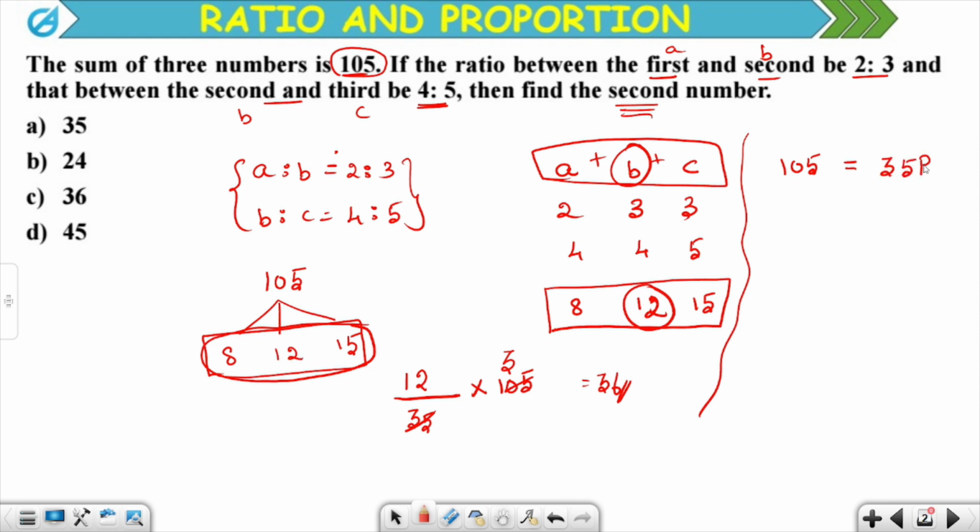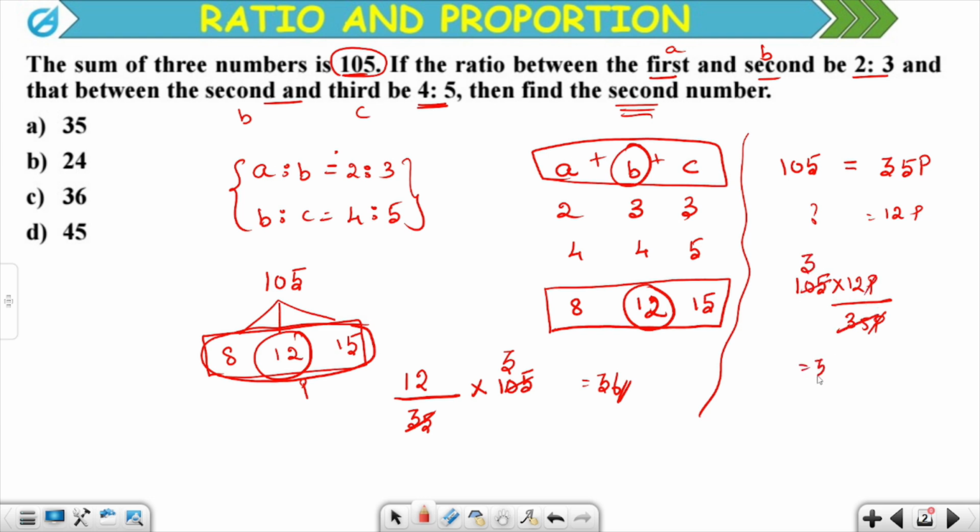So 35 parts is 105, and we need to find the second number, which is 12 parts. Now you can cross multiply: 105 into 12 parts by 35 parts. The parts will get cancelled. This is one time and this is three times.